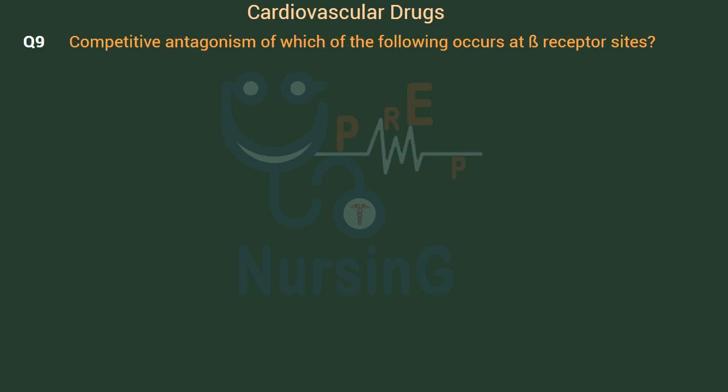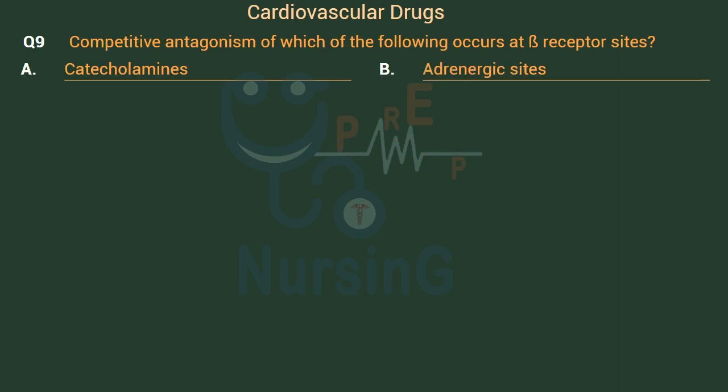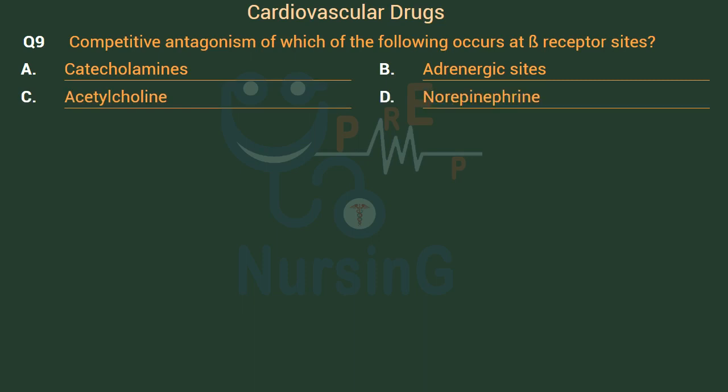Competitive antagonism of which of the following occurs at beta receptor sites? Option A. Catecholamines. Option B. Adrenergic sites. Option C. Acetylcholine. Option D. Norepinephrine.